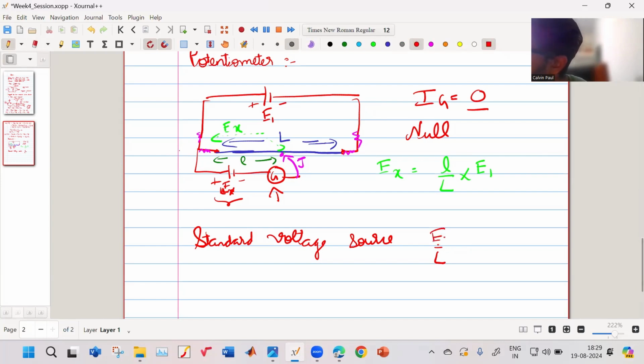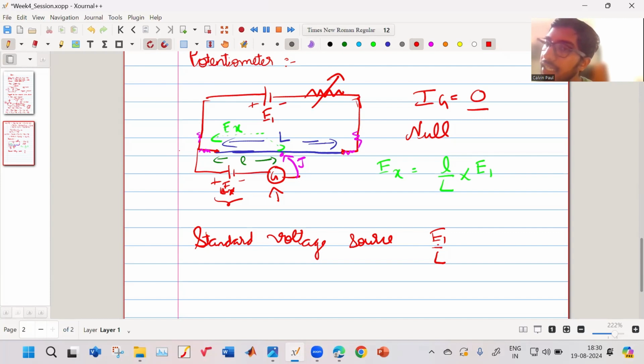We can set it by having a certain resistance over here, which we can vary to change how much current flows. There are various advanced things to the potentiometer, but the basic concept is we want to find a certain voltage per length, and using that constant, we can move the jockey and locate a position where the voltage we want to measure is equal to the voltage across that particular length.